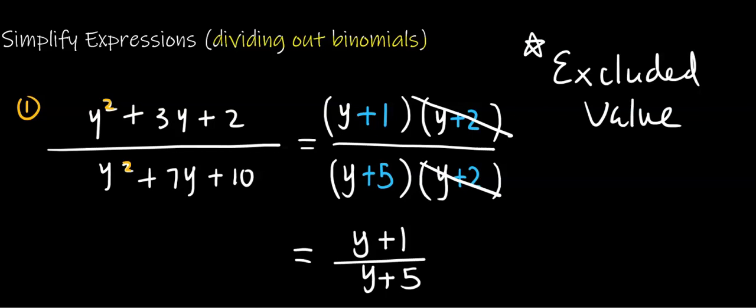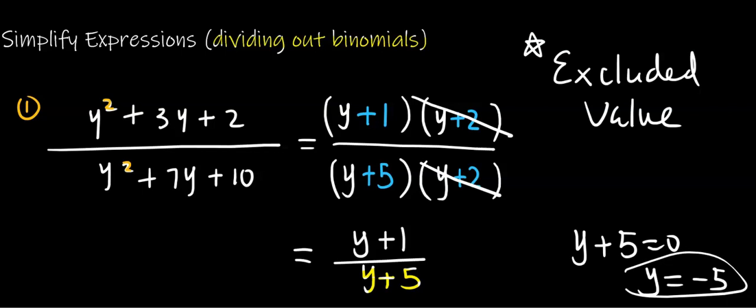And some people say, oh, that's easy. All we need to do is look at this. We don't want this to be 0. We don't want y to be negative 5. Okay, I got it. However, that's not enough. We need to come back to the original denominator, y plus 5 and y plus 2, and use this to consider our excluded value.